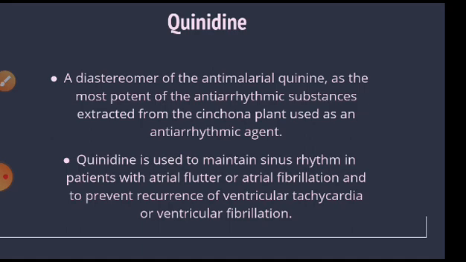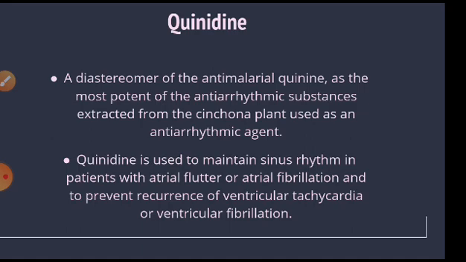It is the most potent of the antiarrhythmic substances extracted from the cinchona plant, used as an antiarrhythmic agent. So this is a very close relative of quinine. Quinidine is used to maintain sinus rhythm in patients with atrial flutter or atrial fibrillation, and to prevent recurrence of ventricular tachycardia or ventricular fibrillation.